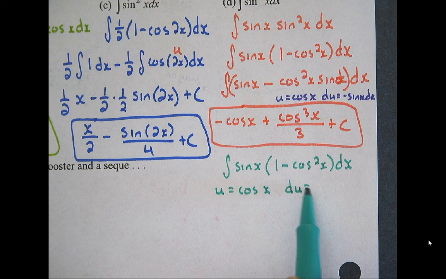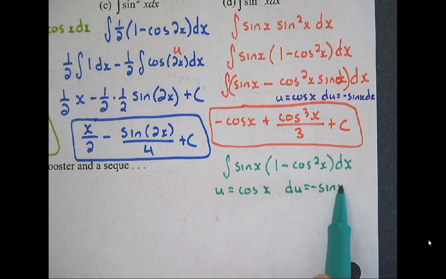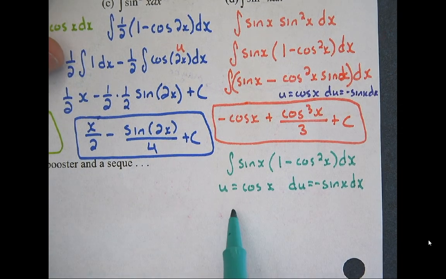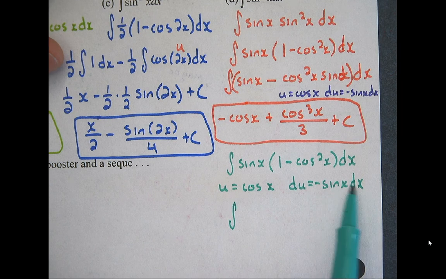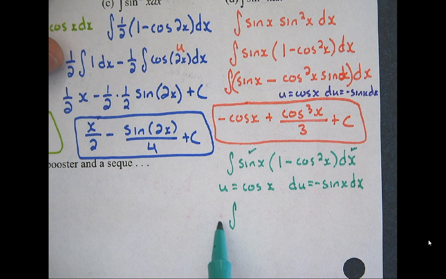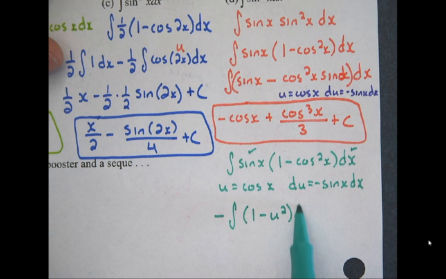So du would equal negative sine of x dx. Now I can rewrite this. I need a sine of x and a dx. I've got those two, check, check, but I need to account for a negative. Then I can rewrite this as 1 minus u squared du.